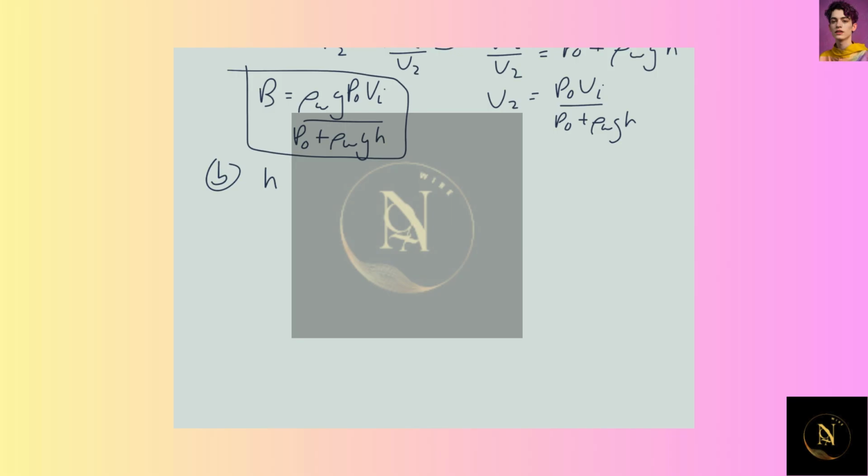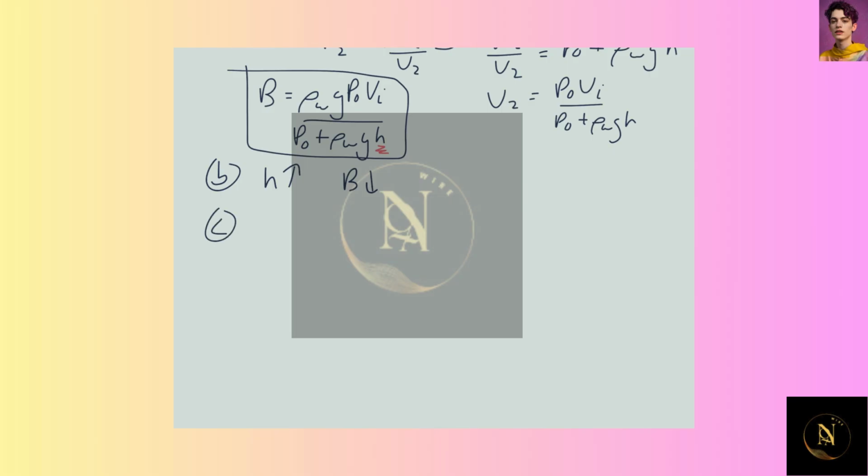Well, you should see that buoyancy and depth h are inversely proportional. So when h gets bigger, the denominator gets bigger, therefore B, our buoyancy force, gets smaller. So actually, as h increases, buoyancy goes down because it is inversely proportional to h.